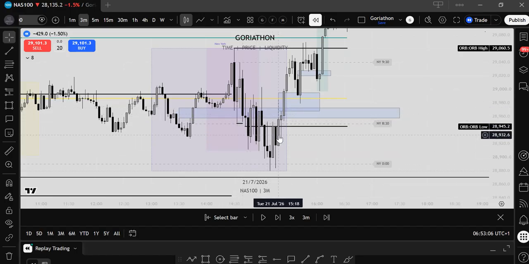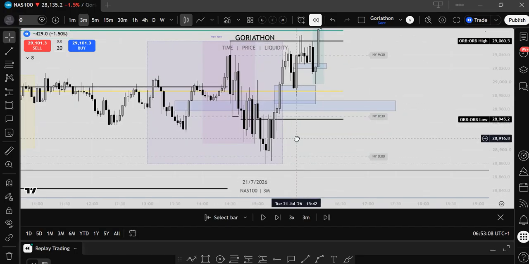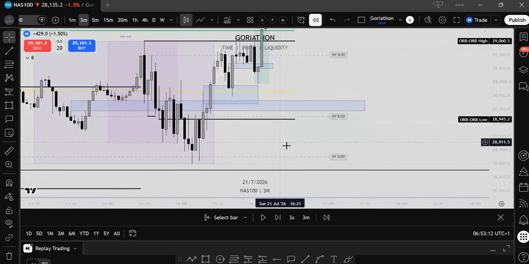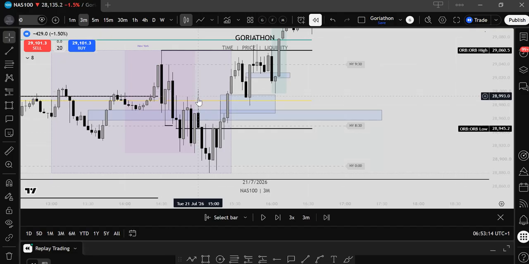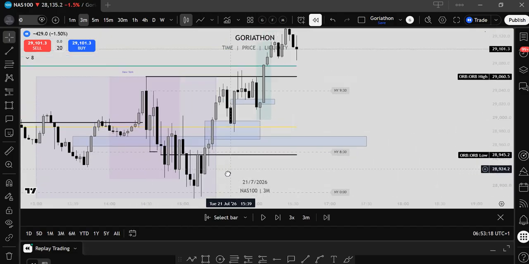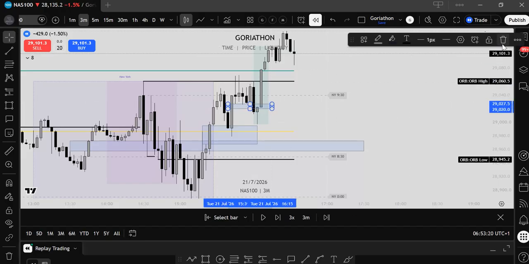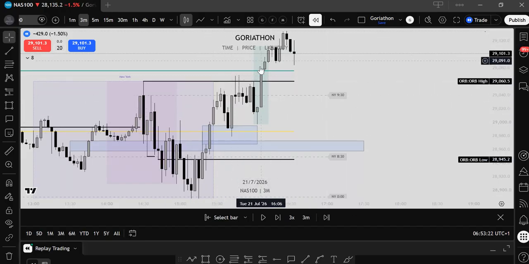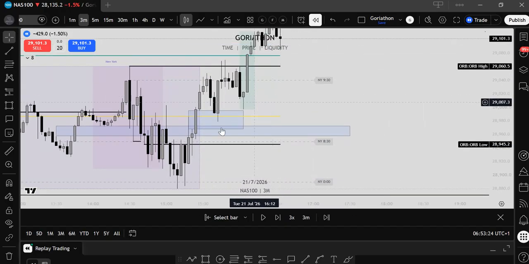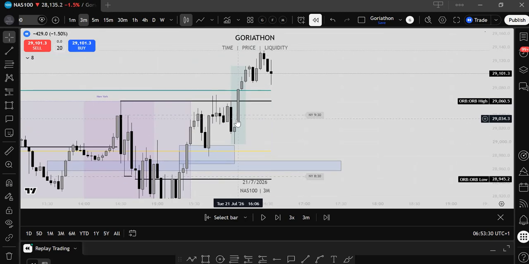So at that point you can avoid, but if not, you can continue to look for sells. That would be a valid sell, especially with this 3-minute reacting at point of control. Then you're looking for a sell, right? Apart from that, you cannot capitalize on any move. So basically, if you miss this move, this buy up to here, that should be your day. You shouldn't be looking for any trades.